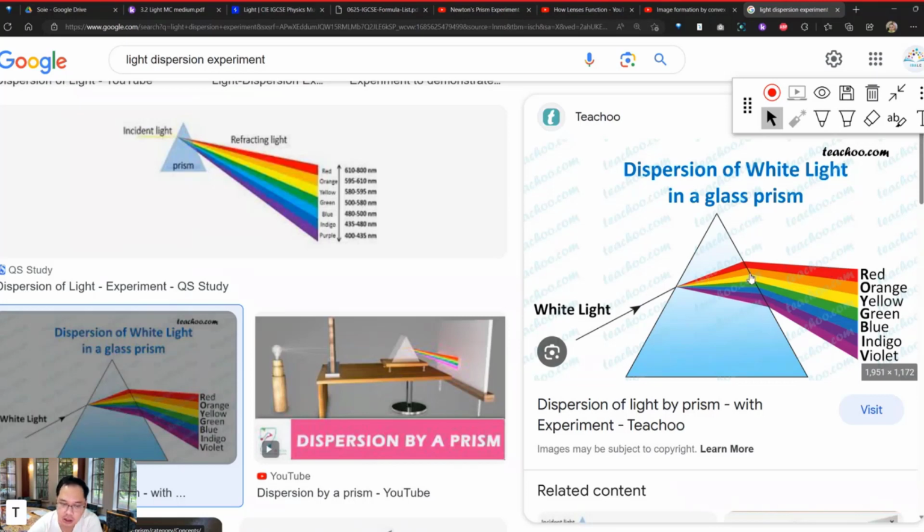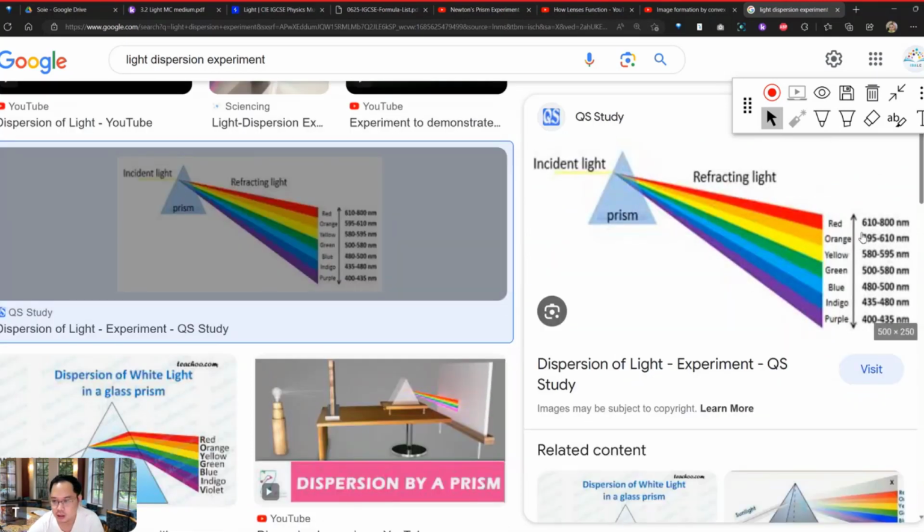Different colors of light are different because of their different wavelengths. The wavelength, we learned in the concept of waves, and we have 2 types of wave: longitudinal wave and transverse wave.